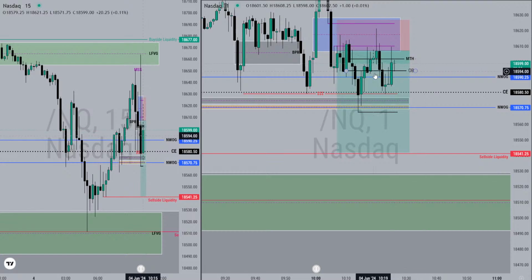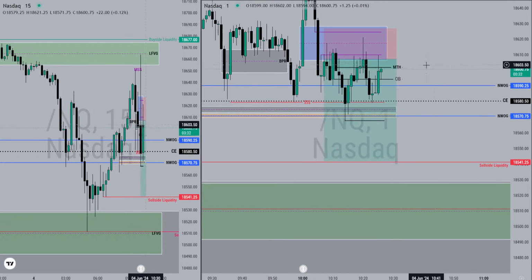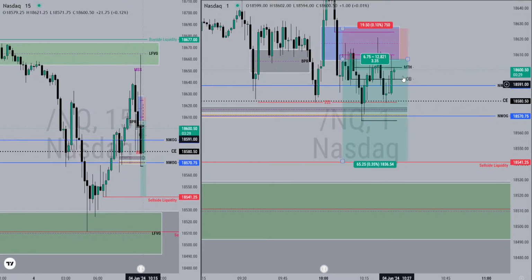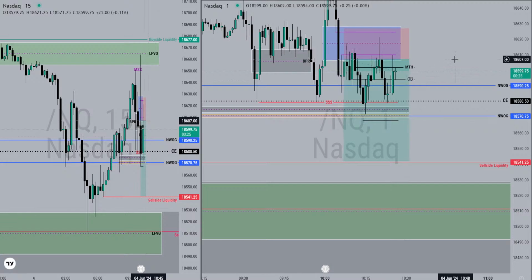The only reason the market is doing this is 10:30. I don't want to call that a macro, but if you look precisely at this market, you will see that around 10:30, 9:30, 11:30, 2:30, 3:30, there is some kind of volatility. As my ICT taught, there is no macro except at the zero figure, like 10, 11, 12, 1, 2, 3.